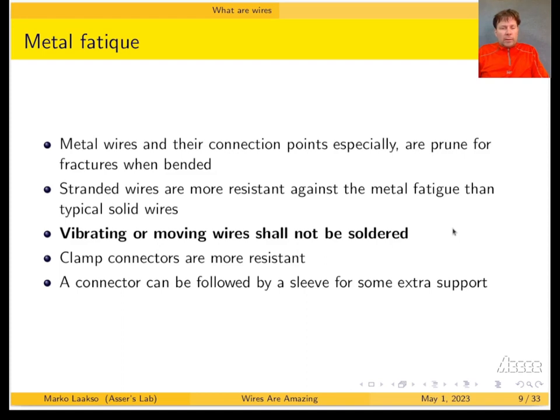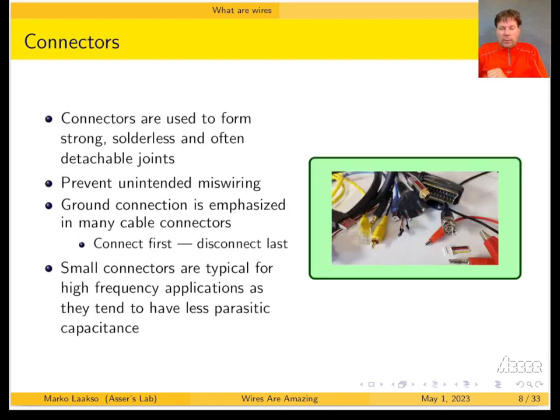Vibrating or moving wires shall not be soldered, so they tend to break down right after the soldering point, because it becomes really hard from the solder, and then after that part it tends to break. Clamp connectors are more resistant and can be used there. A connector can be followed by a sleeve for some extra support. That's typically what we see right after the connectors. You have these small short sleeves there.